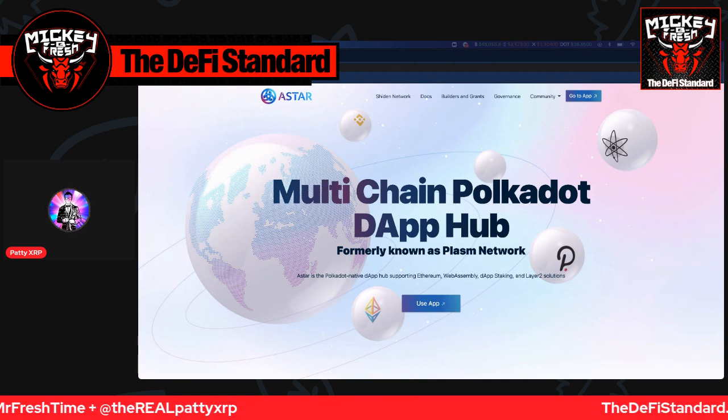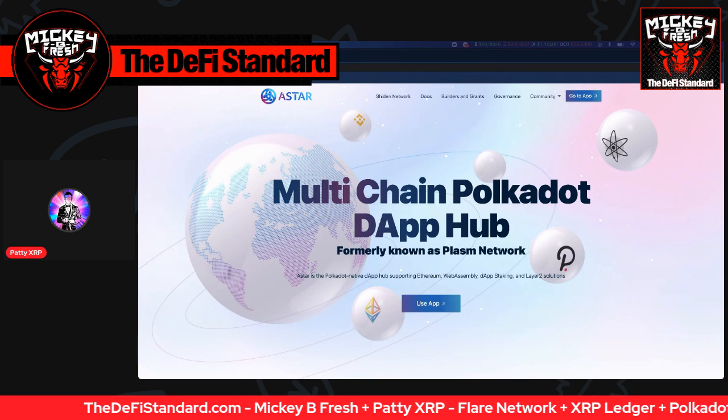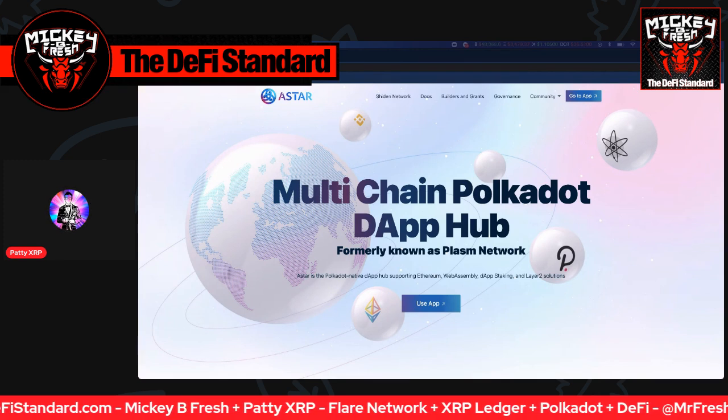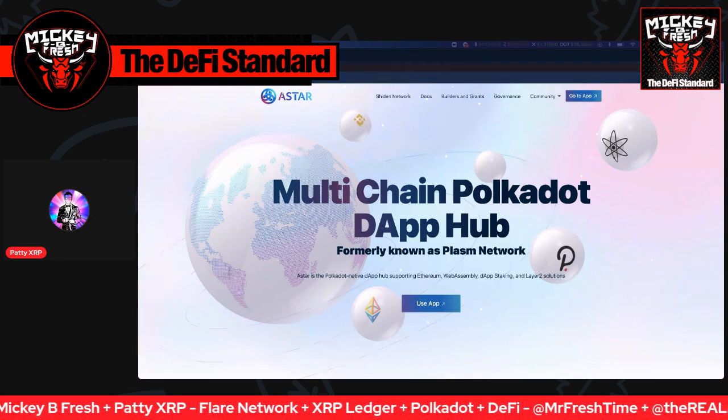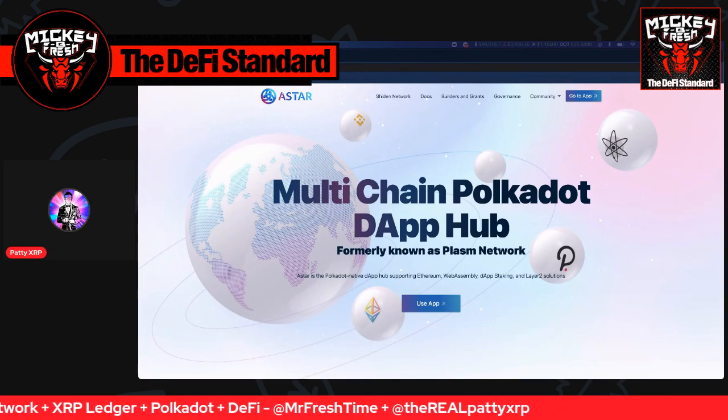So first off, they have something called XVM, which is a cross virtual machine, and that is going to support the Ethereum virtual machine and WebAssembly smart contract interoperability, along with XCMP, which is cross-chain messaging protocol for all of the parachains connected to the Polkadot relay chain.